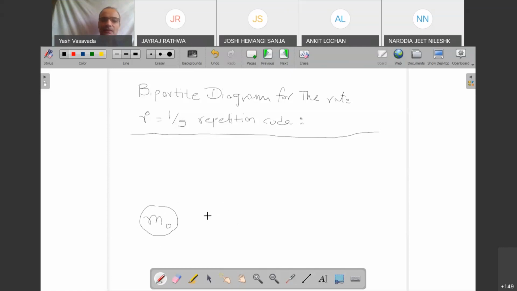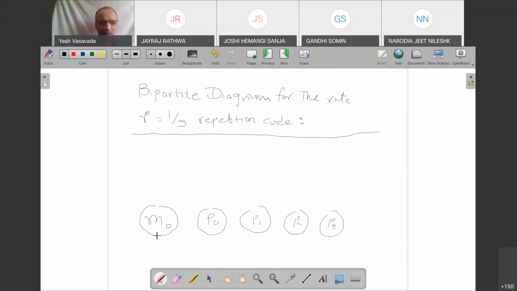How many parity bits should I draw for rate 1/5? 4. Correct. So let us draw these 4 parity bits, P0, P1, P2, and P3.